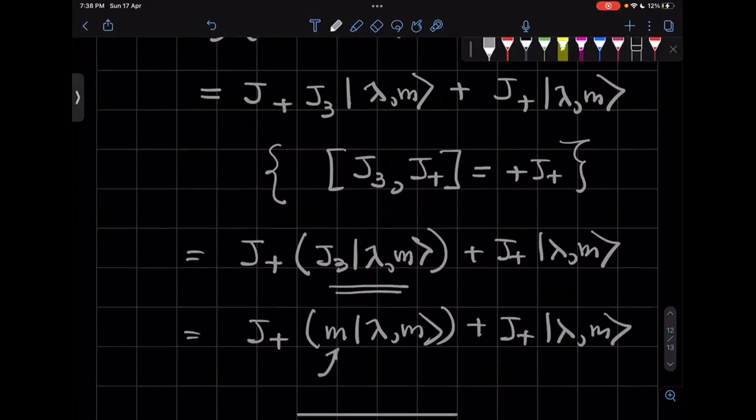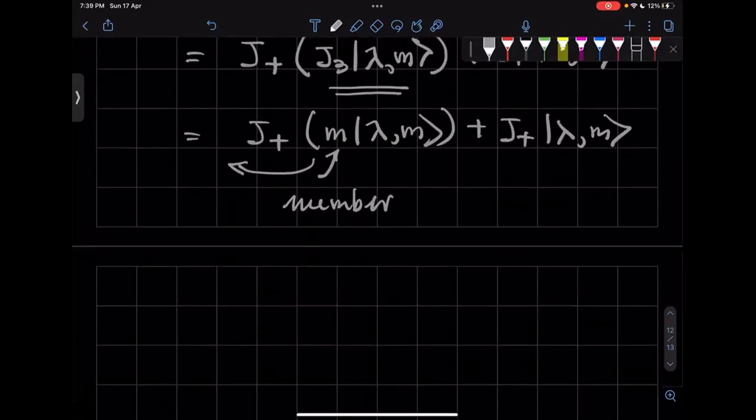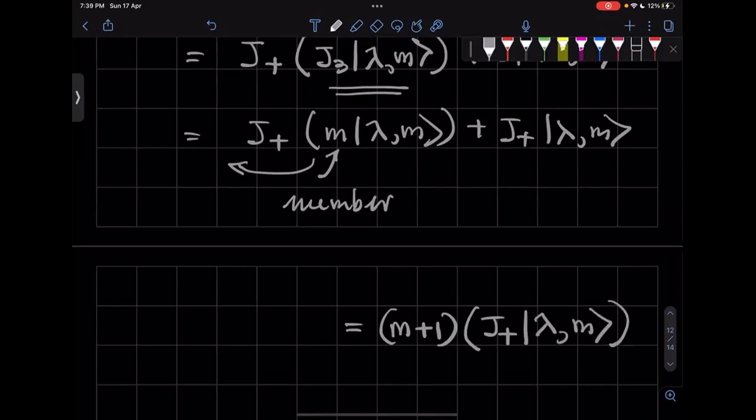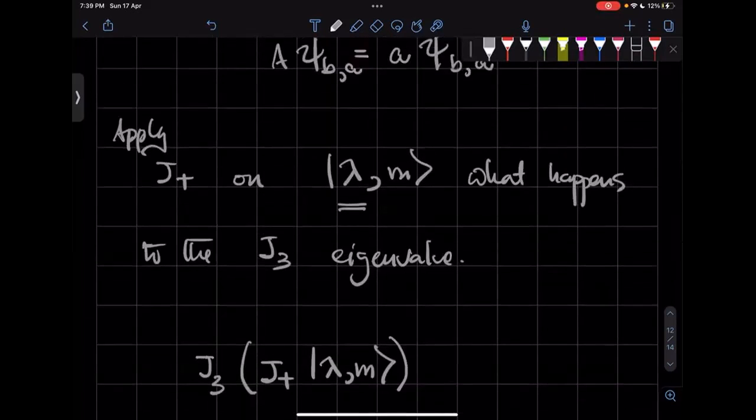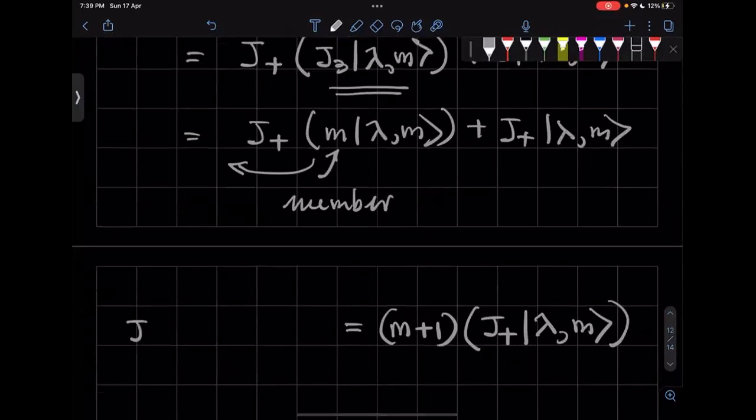But m is just a number, so we can bring it out in front. If you do this, we get (m plus 1) times J plus acting on |λ, m⟩. And what was on the left-hand side? J3 acting on J plus |λ, m⟩.